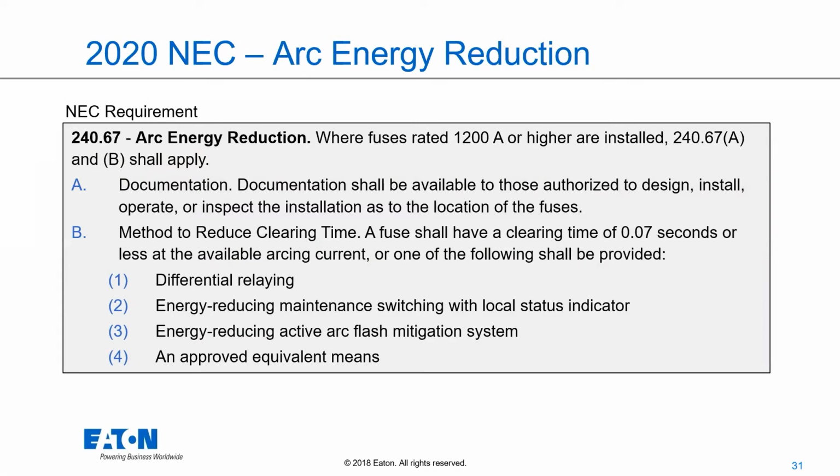If it opens in greater than 0.07 seconds during an arcing fault, you need to use one of these methods, like a differential relay, an arc reducing maintenance switch, or some sort of active arc flash mitigation system in order to reduce the arc energy.